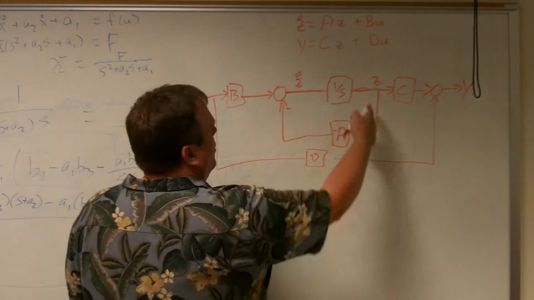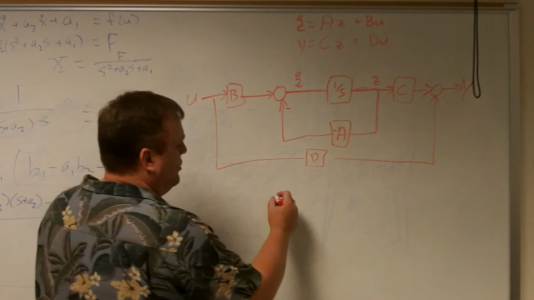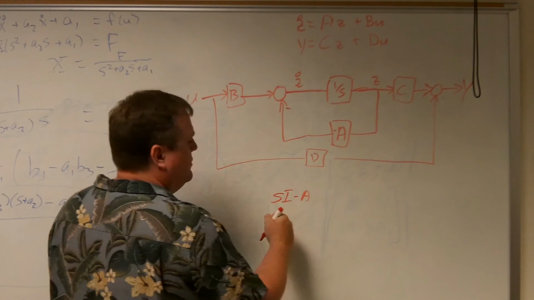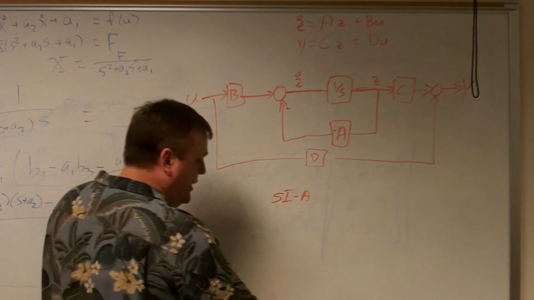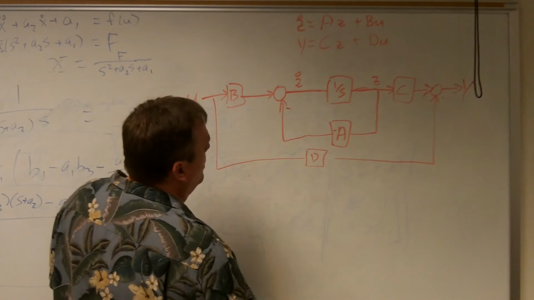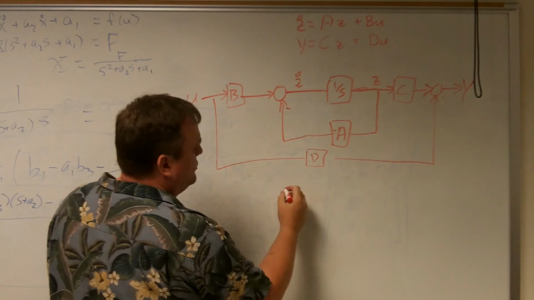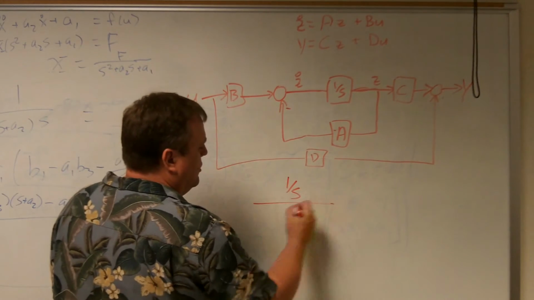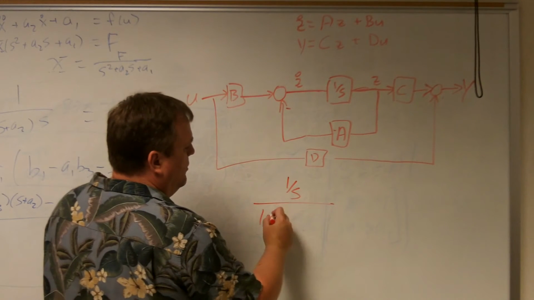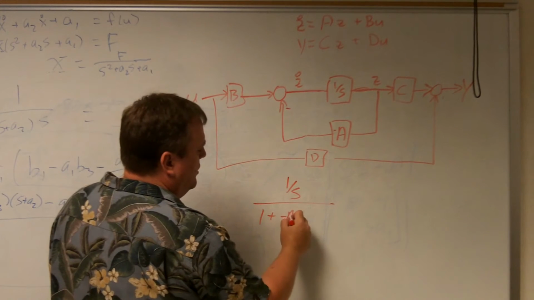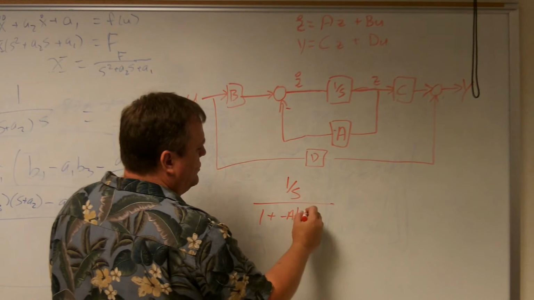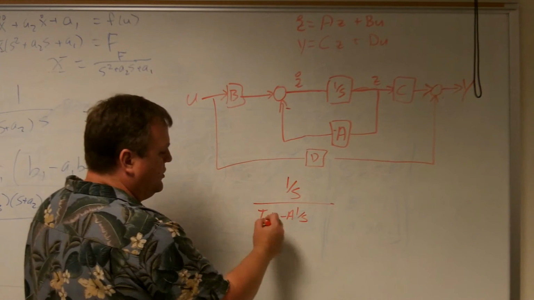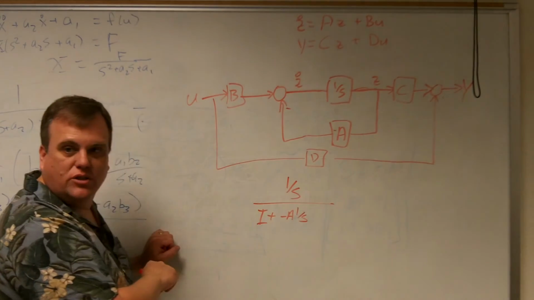So this middle part right here, we've already shown is (SI minus A) inverse. The reason I know that's the case is, whatever's on top, 1 over S, over 1 plus my minus A times 1 over S, but this one in particular has to be I now because it's a matrix.